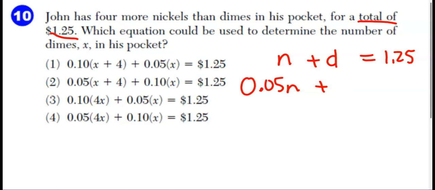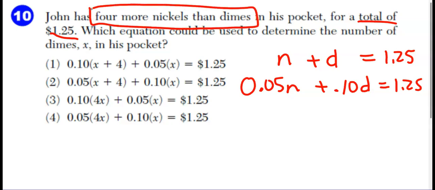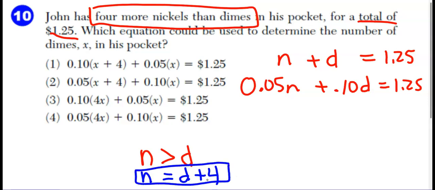So I'm going to change this to 0.10. Now the problem is I don't have the same number of nickels and dimes. What I do have is 4 more nickels than dimes. I have more nickels than I have dimes. Now if I wanted them to be equal to each other, then I would need to have more dimes. So my nickels would be equal to my dimes if I just had 4 more of them.